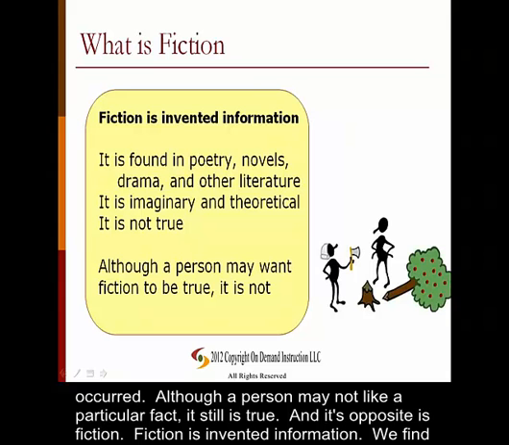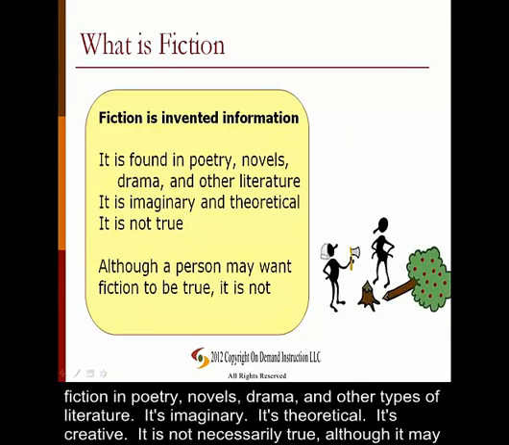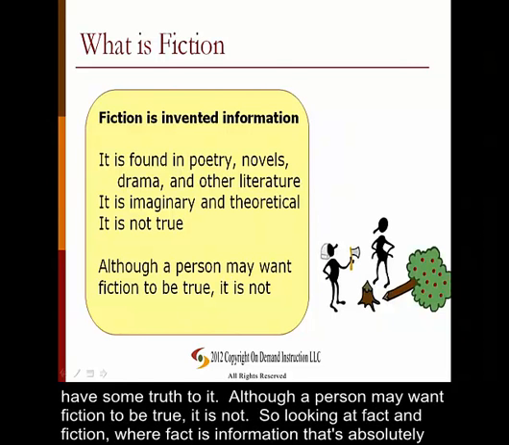Fiction is invented information. We find fiction in poetry, novels, drama, and other types of literature. It's imaginary, it's theoretical, it's creative. It is not necessarily true, although it may have some truth to it. Although a person may want fiction to be true, it is not.